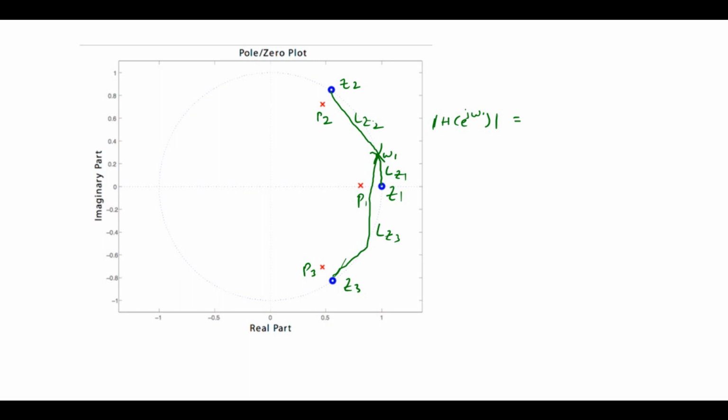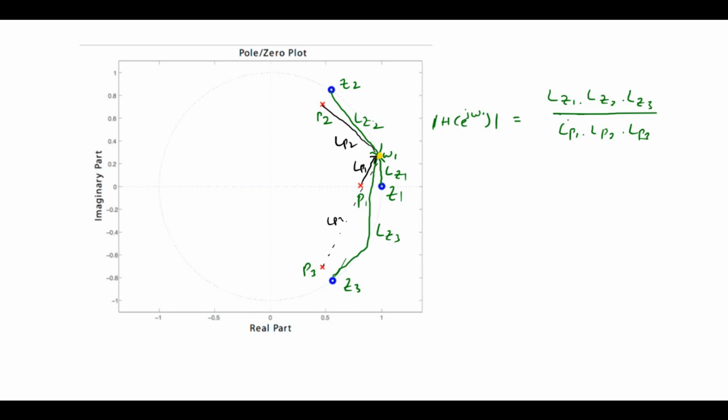So this is nothing but LZ1 times LZ2 times LZ3, divided by, similarly, the distance from the poles to this frequency: LP1 times LP2 times LP3. Now see here, the 3 zeros are on the unit circle.